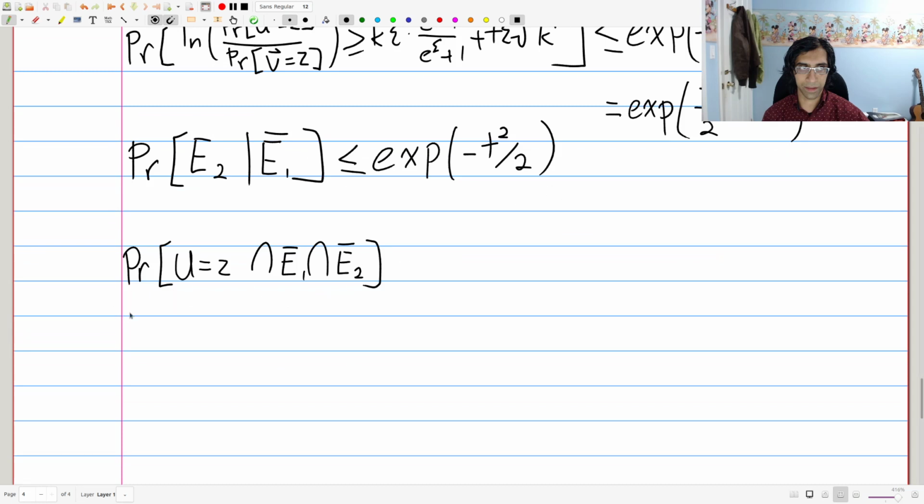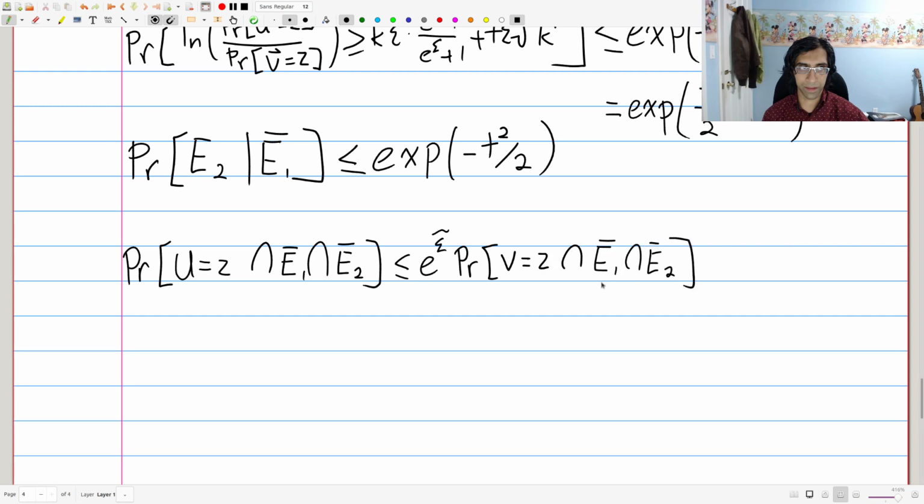So we can say the probability of any of those events, because the privacy loss random variable is bounded in this case, is upper bounded by e to the epsilon tilde times the probability that v is equal to z, and not E1 and not E2.